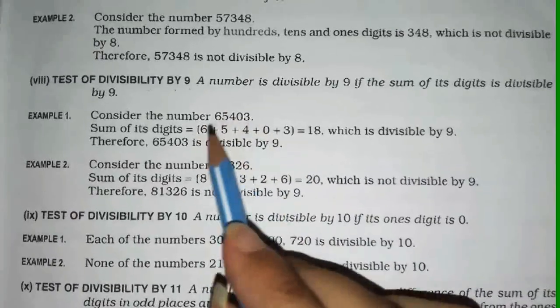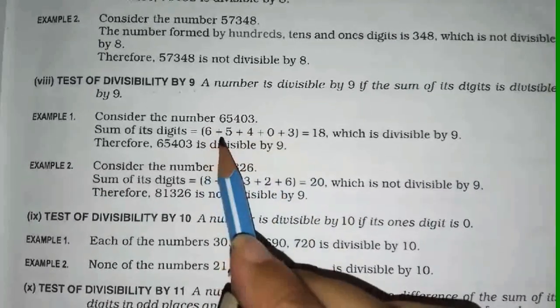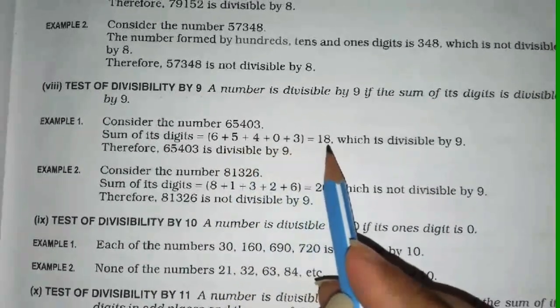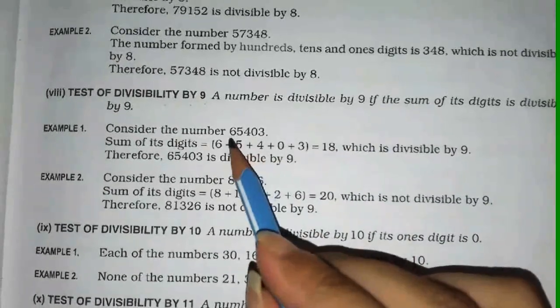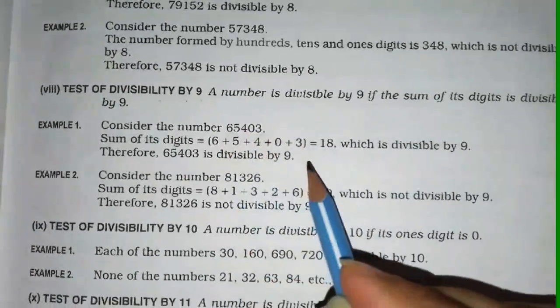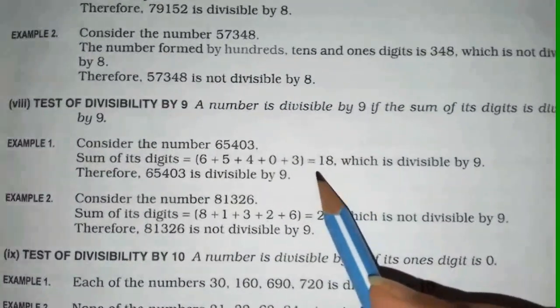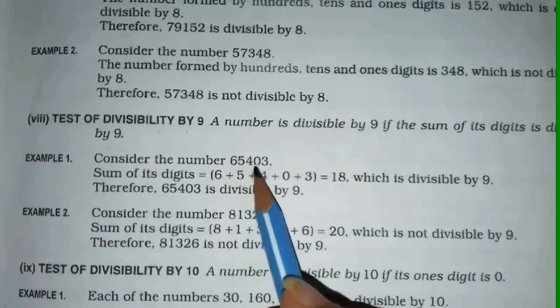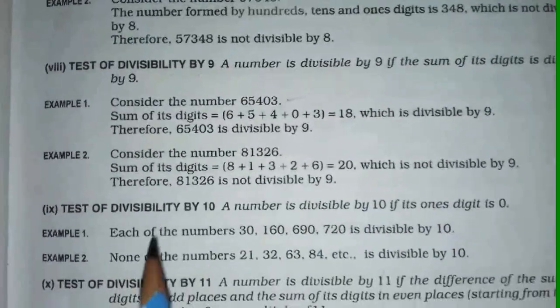First, we have to find the sum of all digits. 6 plus 5 plus 4 plus 0 plus 3 is equal to 18. If 18 is divisible by 9, then the number is also divisible by 9, and here 9 twos are 18. 18 is divisible by 9. Therefore, 65,403 is also divisible by 9.